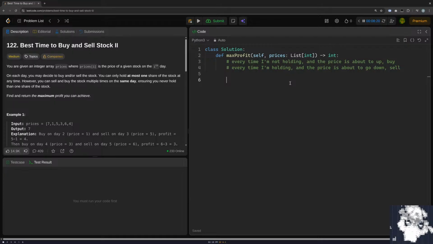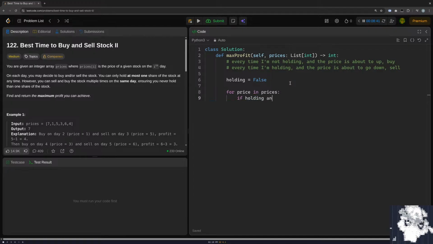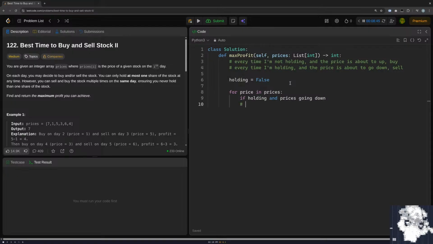So holding equals false, for price in prices: if holding and price is going down, sell.